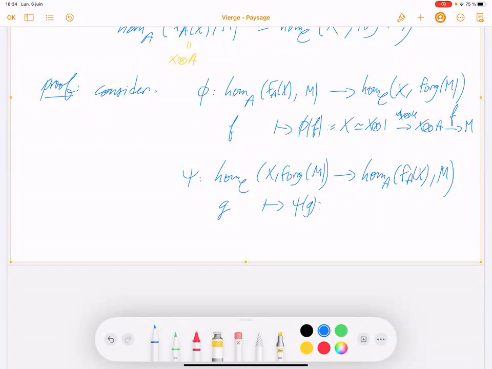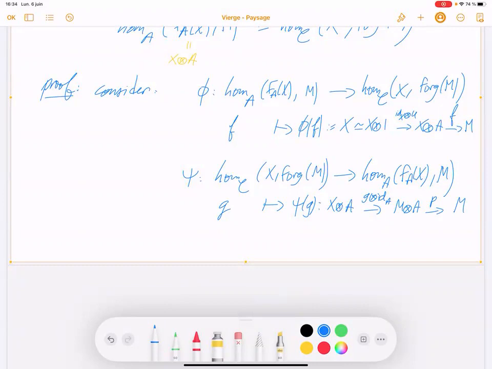You start from FA of X, which is X tensor A. You apply g on X and the identity on A, so you get M tensor A. And then you apply the A module structure of M, the morphism P, and you come back to M.